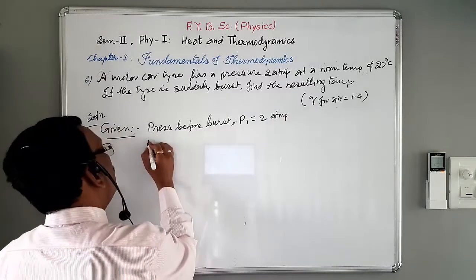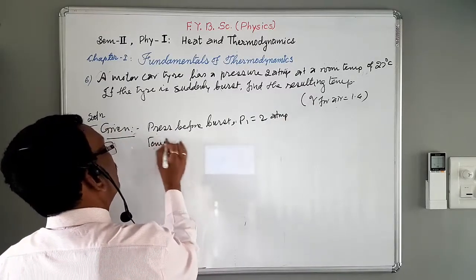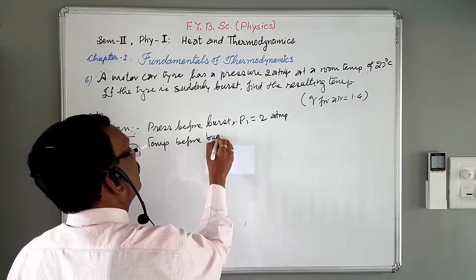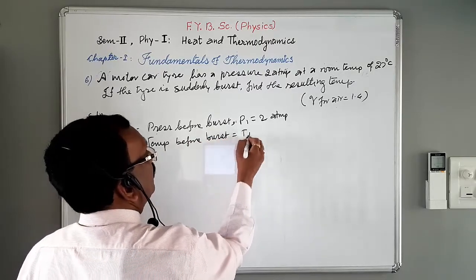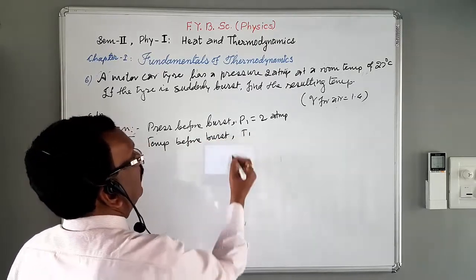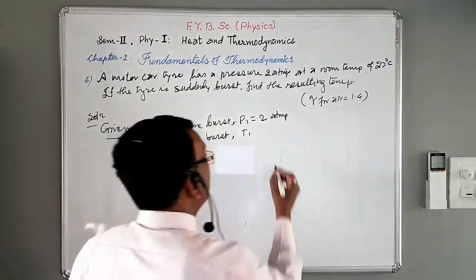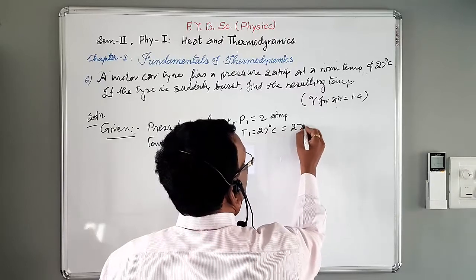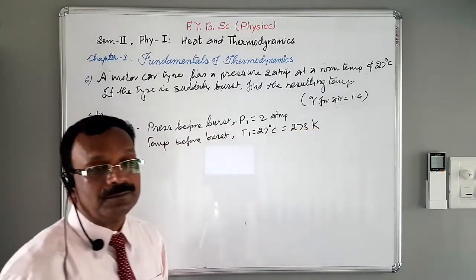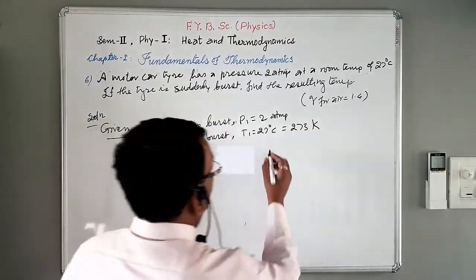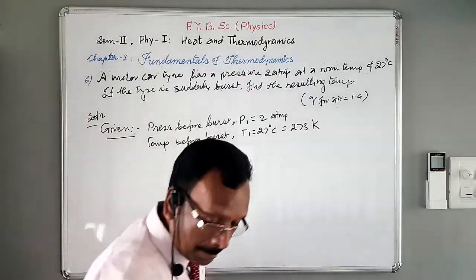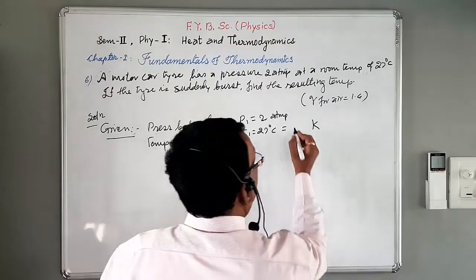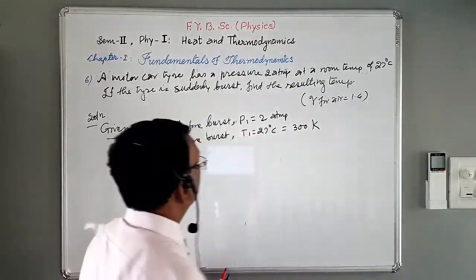Okay. Now the temperature before burst is equal to T1, and this is given as 27 degrees Celsius, which is 273 plus 27, that is 300 Kelvin.